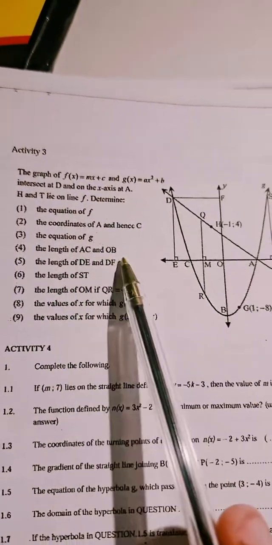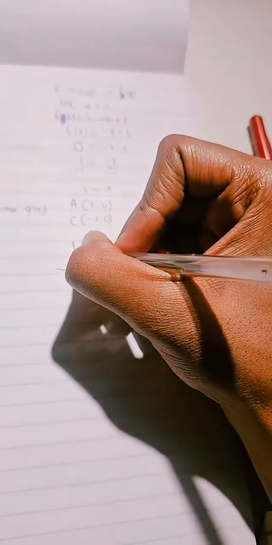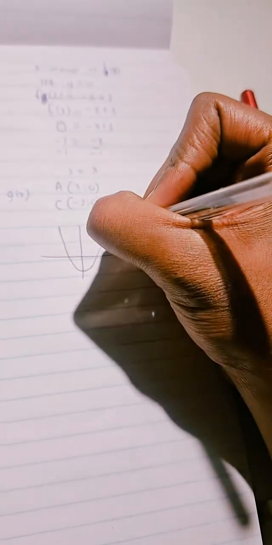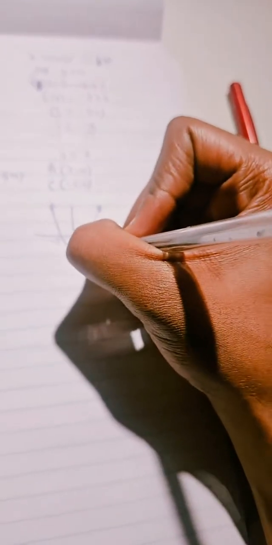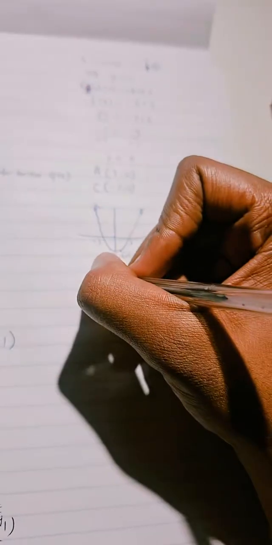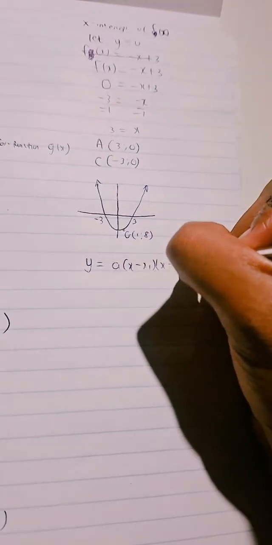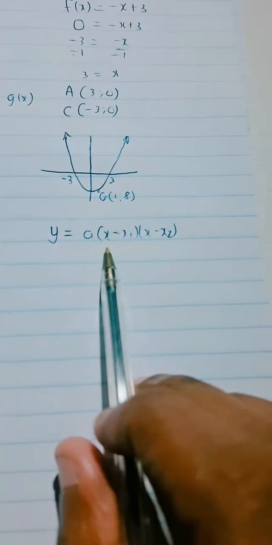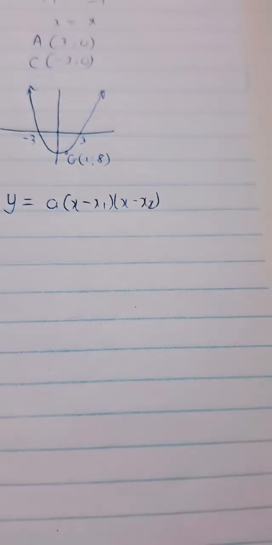Okay. Now, guys, the equation of G. When you want to find the equation, and let's say you are given the x-intercepts and one other point, then like GP Makubela has said, we can use the x-intercept form, which is y is equal to a into x minus x1 into x minus x2.